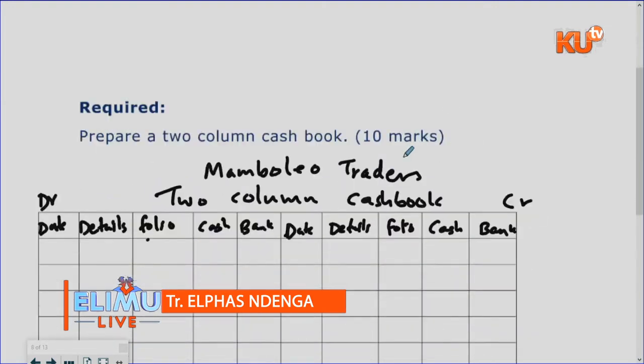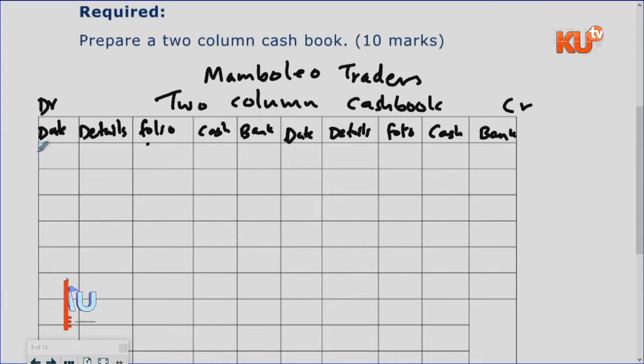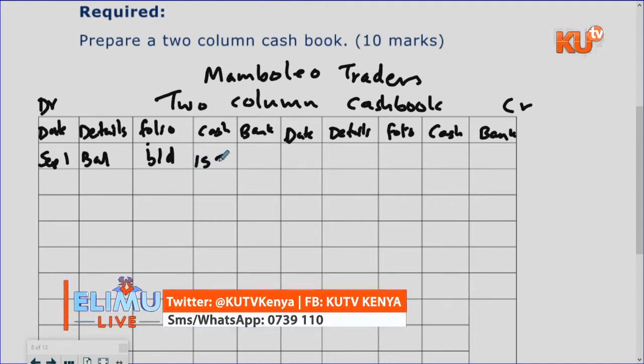So I will record as follows. We are saying we debit the cash, so it is on September 1. The details is simply balance brought down. Cash, how much is it? 15,500.